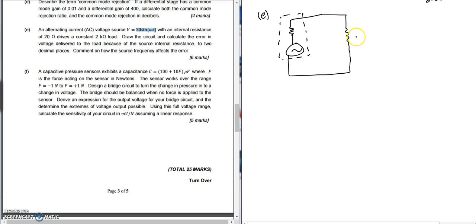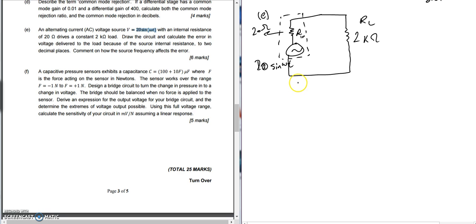So of what? Of 2 kilo ohms. So that's 20 sine omega t, and that one is 20 ohm. So this is the load RL. This is Rn.